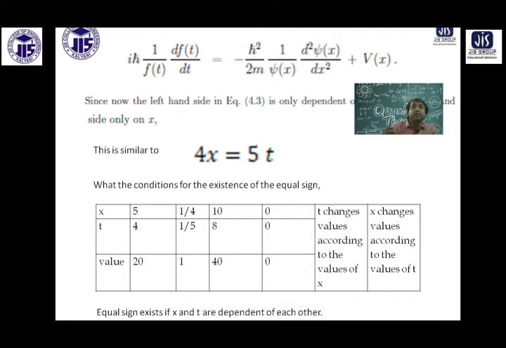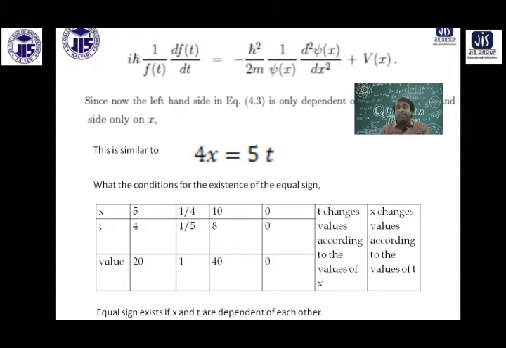So I've got an equation. One side depends on time, the other side depends on x. Now both sides should be equal after all the derivatives, but you are getting an x dependent term and a t dependent term. Common sense tells us they could not be equal.